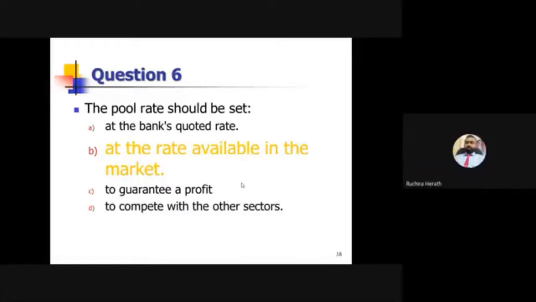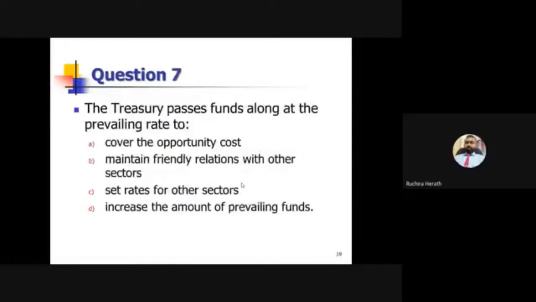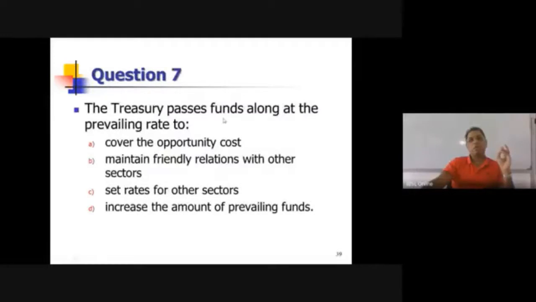Okay. The Treasury passes funds along at the prevailing rate to cover the opportunity costs, maintain fair relations with other sectors, set rates for other sectors, increase the amount of prevailing funds. The Treasury passes funds along at the prevailing rate to what? Why would the treasurer use the prevailing rates to lend money at?